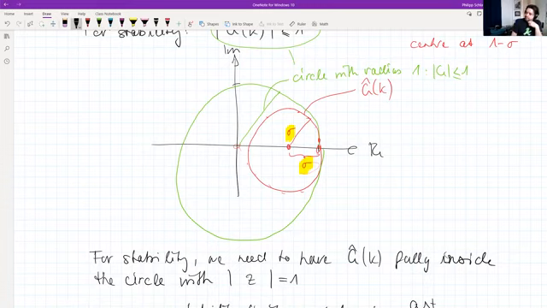So that means that the amplitudes of the Fourier modes are not changed from one time step to another. The only thing that may change is the phase. So the amplitude is not changed, but the phases may change. And a change of phase in Fourier space means a translation in physical space.